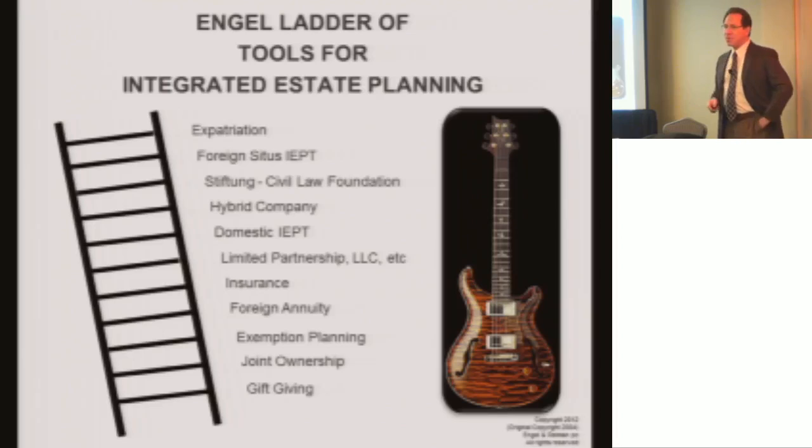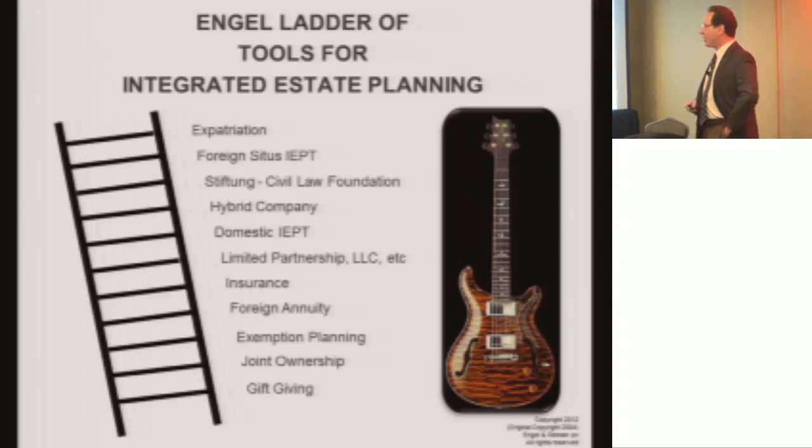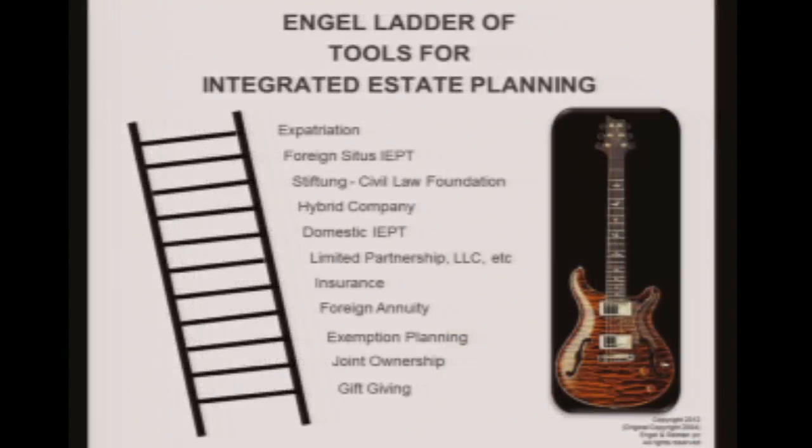There are a number of tools in the toolbox. I've put them on a ladder here for your knowledge. I've put them on this ladder in terms of good, better, best scale of efficacy, starting with just outright gift giving, joint ownership of property, exemptions, the foreign annuity, liability insurance. To me, these are the good tools.